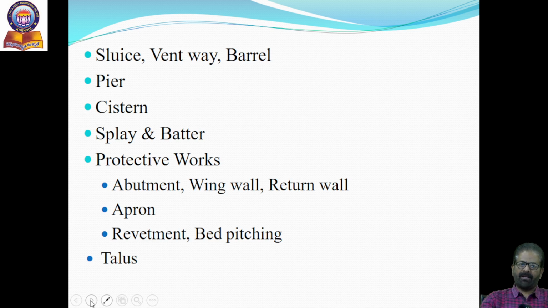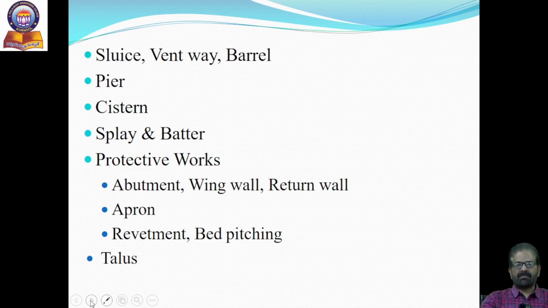So the sluice is purely to allow the water to flow, whereas ventway is not only for flowing water but also for working space. As a difference, sluice is circular in shape, whereas ventway is rectangular in shape.